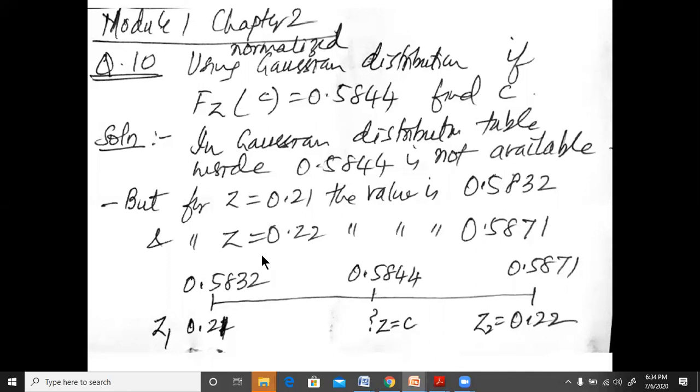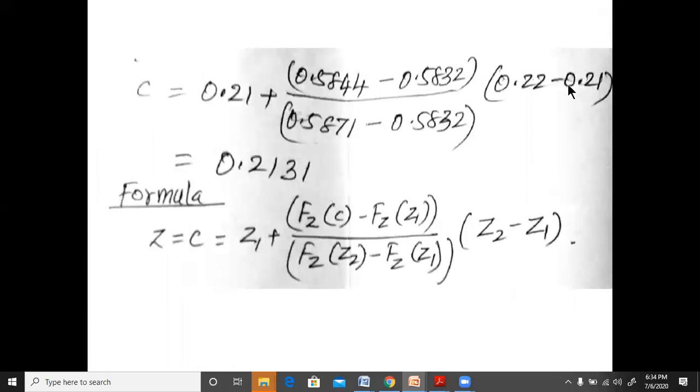So this is again the graphical representation of the interpolation which I have described over here, and again use the same formula. 0.21 plus 0.5844 minus 0.5832 divided by 0.5871 minus 0.5832 multiplied by 0.22 minus 0.21 equals this.